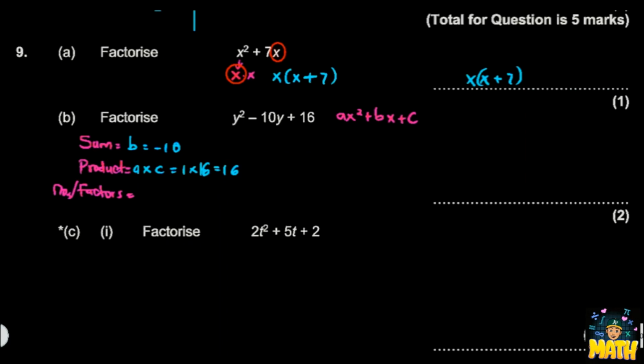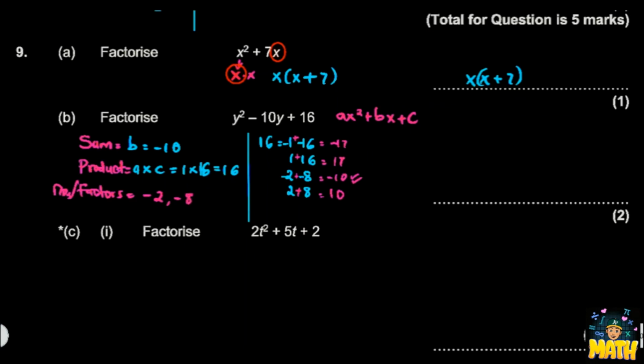So we're going to write all the lists of two pairs of numbers that you multiply together to get 16. This is a positive number, so the two can be positive or the two become negative. So adding each of those terms, I want a pair that will give me a sum of negative 10. So we have negative 2 and negative 8.